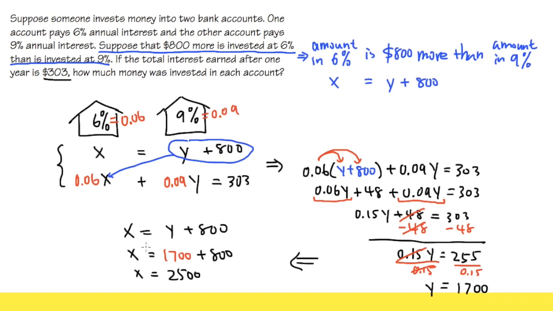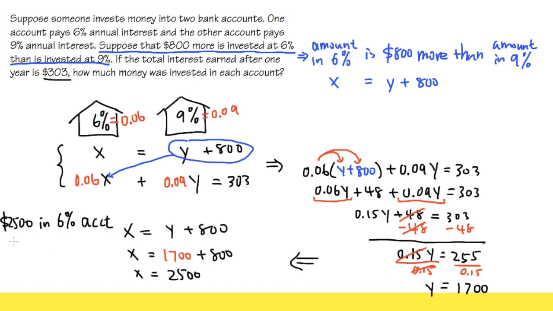But keep in mind, this is a word problem, so we have to make sure we write down our answer clearly. So I can write down something like this, the 2500, that represents $2,500 in the 6% account. I will use ACCT, which stands for account, okay?